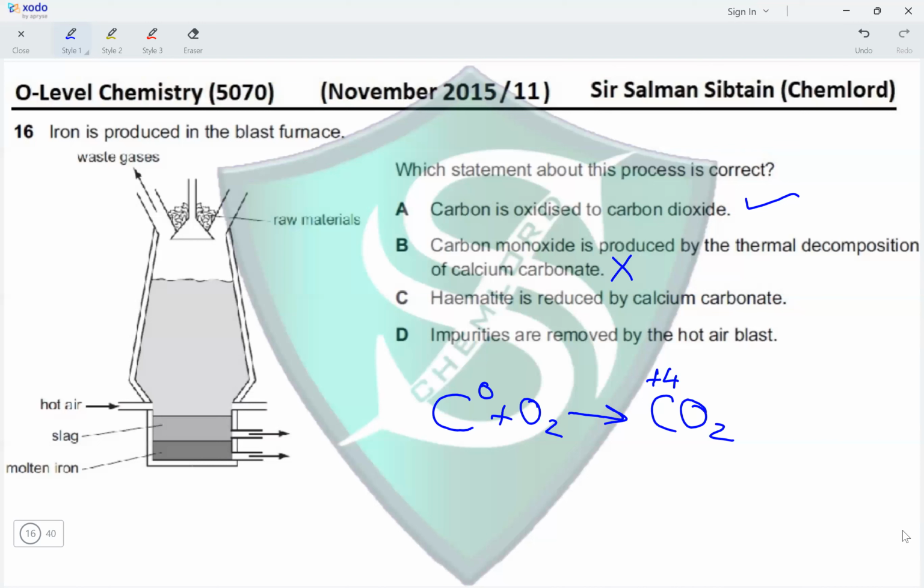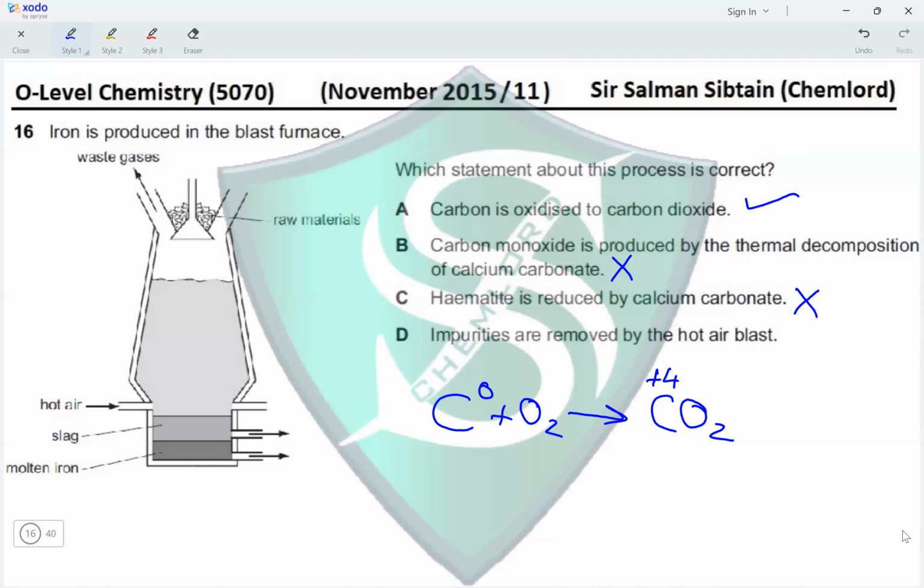Hematite is reduced by calcium carbonate. Hematite reacts with carbon monoxide. It is reduced to iron and carbon monoxide gets oxidized to carbon dioxide. So this is incorrect as well. Impurities are removed by the hot air blast. No, they are not removed by the hot air blast.